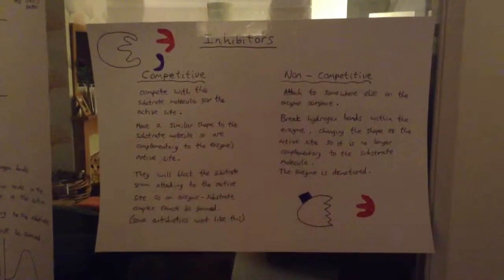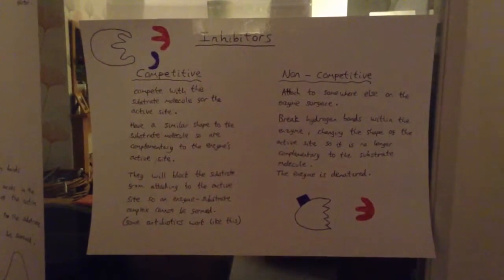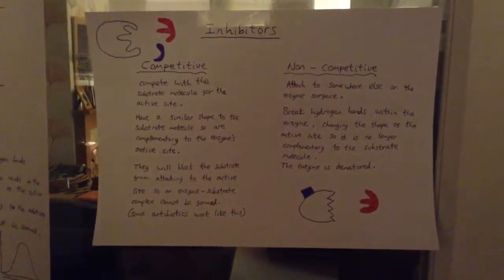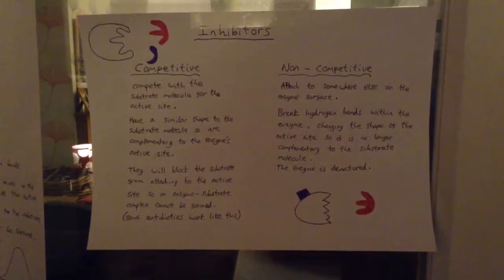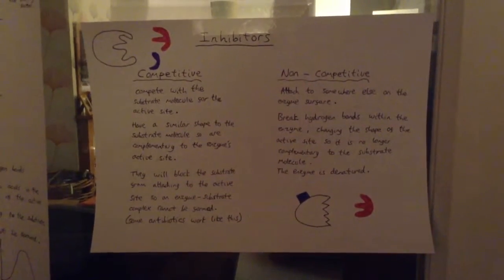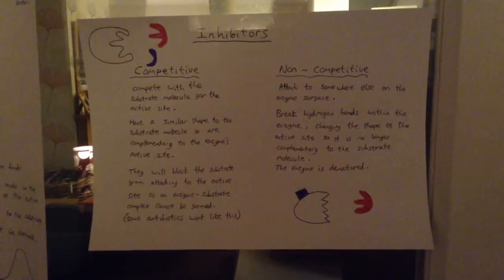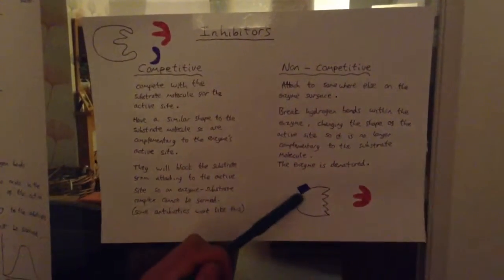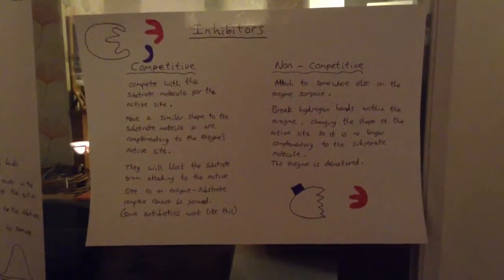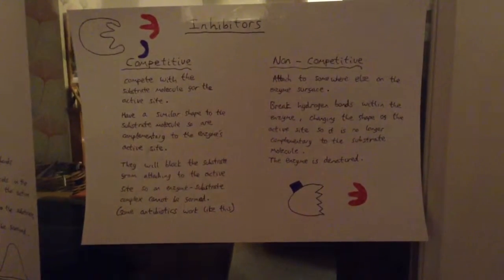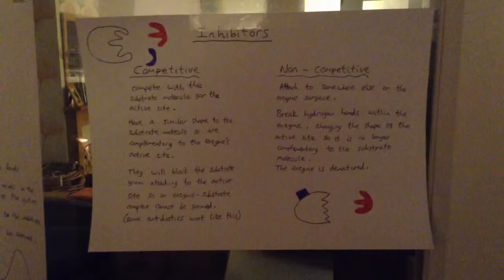The second inhibitor is called a non-competitive inhibitor, and this works in a similar way to how temperature affects enzymes. So the non-competitive inhibitor doesn't compete for the active site, it actually attaches itself onto the outside of the enzyme in a different place to the active site.